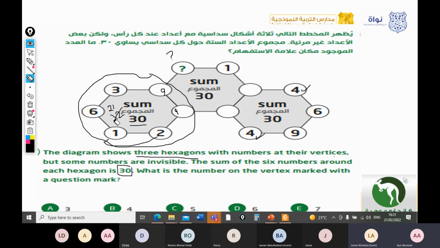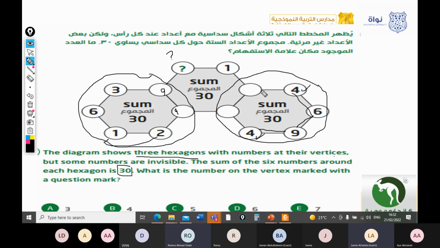Okay. Now, till now, we haven't gone to the question mark. Let's go to the other one. Here I need to make it 30. So now 4 and 6 equals 10. 10 and 9, 19. 19 and 4, 23.